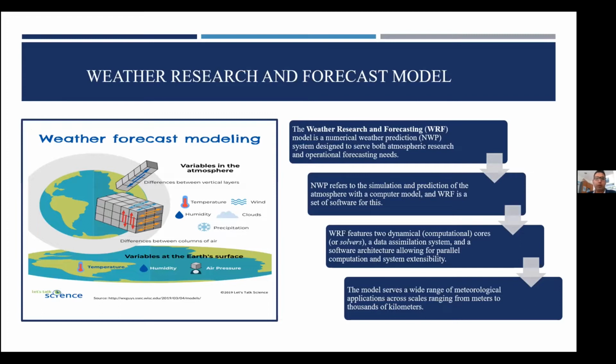Here is a brief discussion of the weather forecasting model. It is a numerical model that is used to serve both atmospheric research and operational forecasting needs. Numerical weather prediction simulates and predicts the atmosphere with computer models.